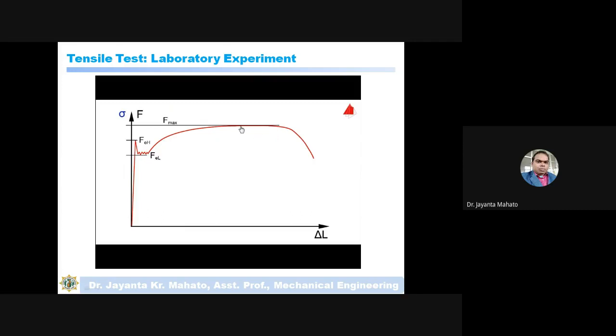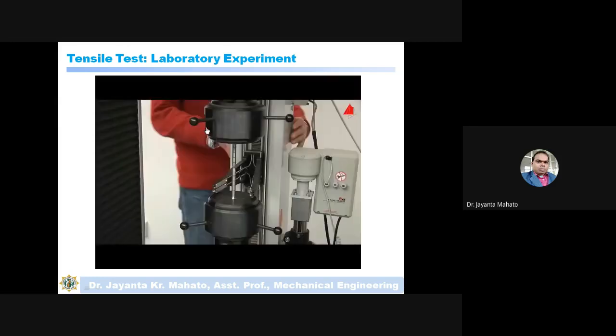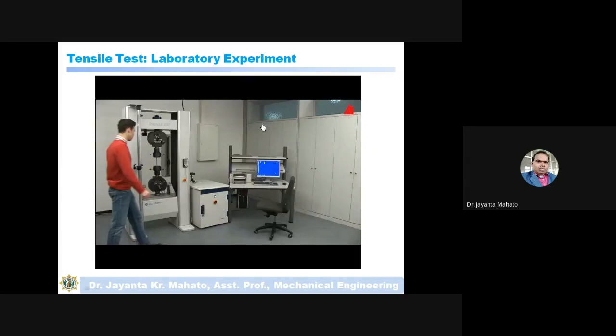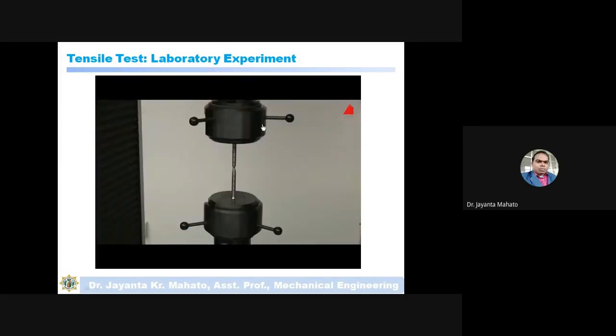At the maximum point, where a horizontal tangent line touches this curve, that is called the ultimate tensile strength.